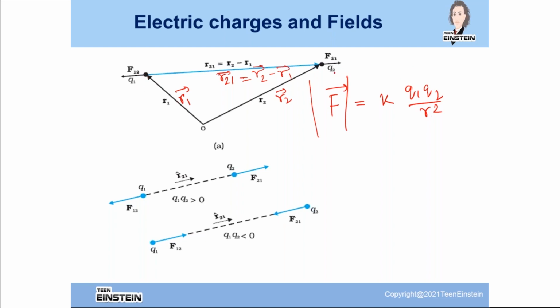In Coulomb's law, the magnitude of the force is the same. If I say what is the force experienced by charge q1 due to q2, the magnitude is the same as the force experienced by q2 due to q1, because q1 q2 by r square is the factor, and this is a constant.